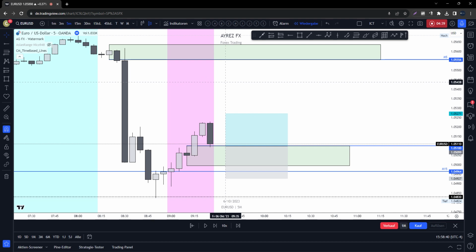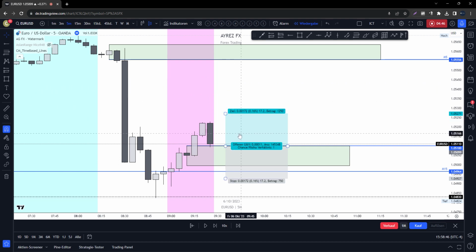I never use market execution orders because I don't need it. I know what I want from the market. I know what I want from my zones, and most of the time, all my limits are buy limit or sell limit orders. So if it's not triggered, then okay, we wait for the next zone or for the next day. That's no problem for me.